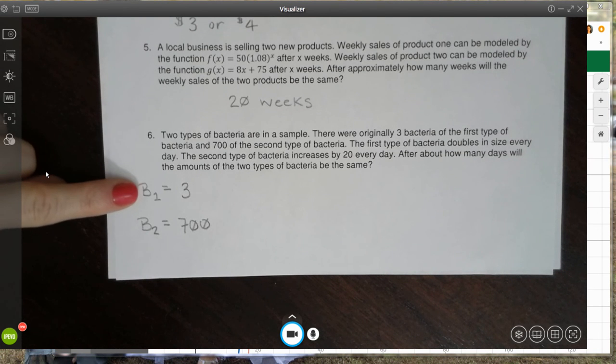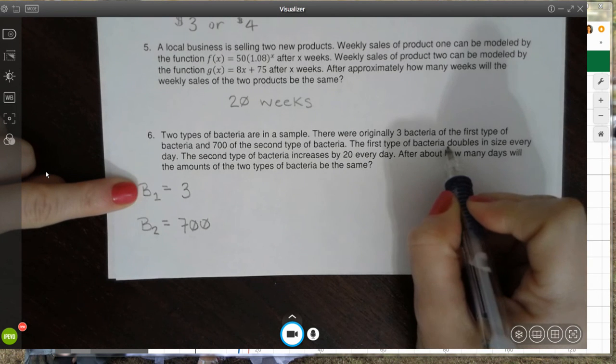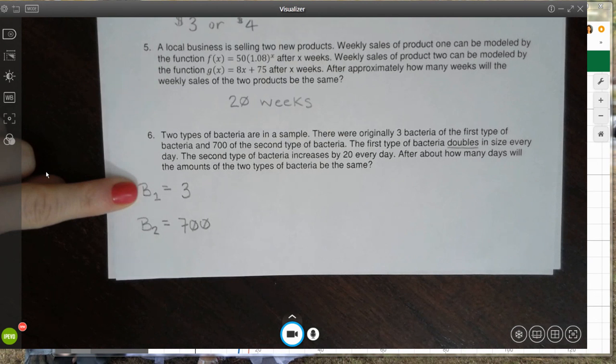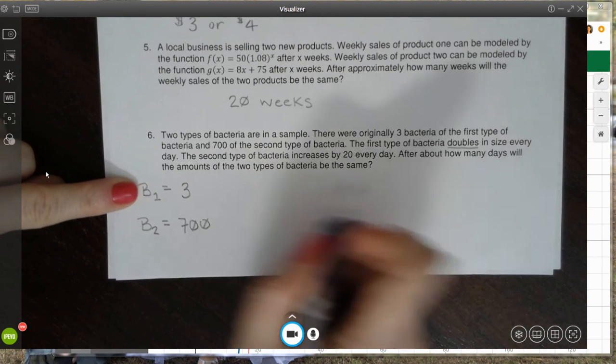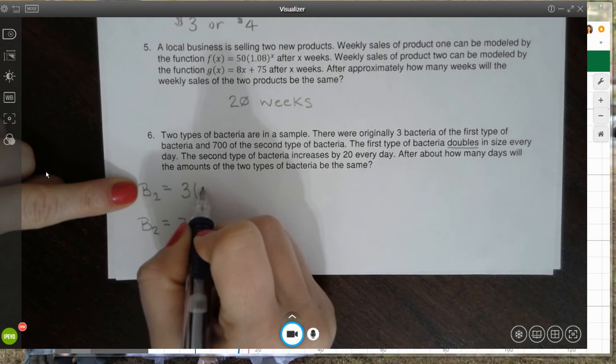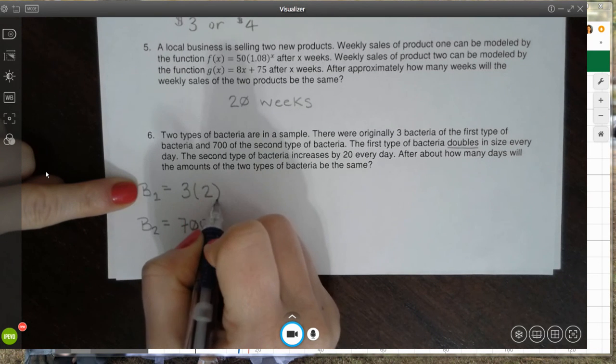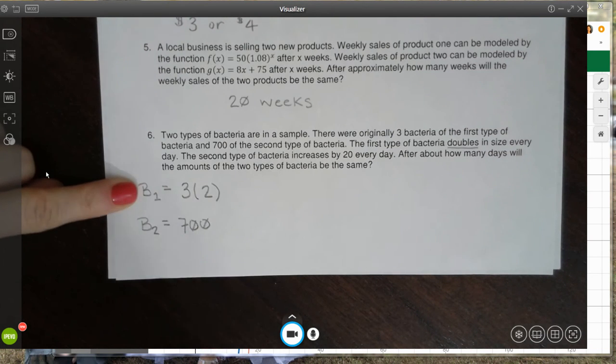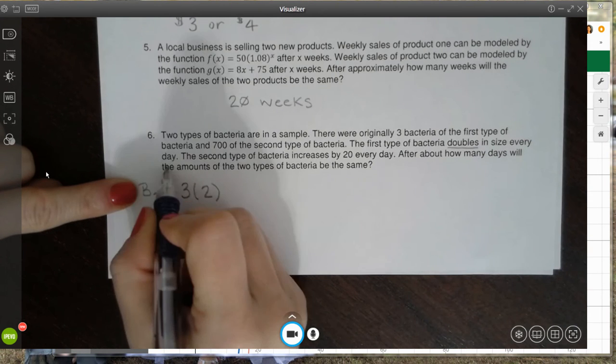The second sentence tells me the first bacteria doubles in size every day. This word makes my brain think exponential functions. So since it says doubling, I know that my ratio is going to be 2 because that represents doubling. And it's every 1 day.